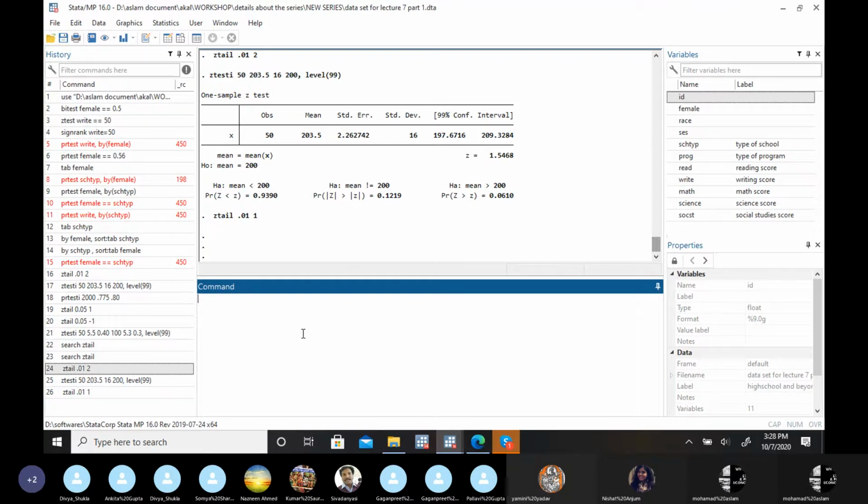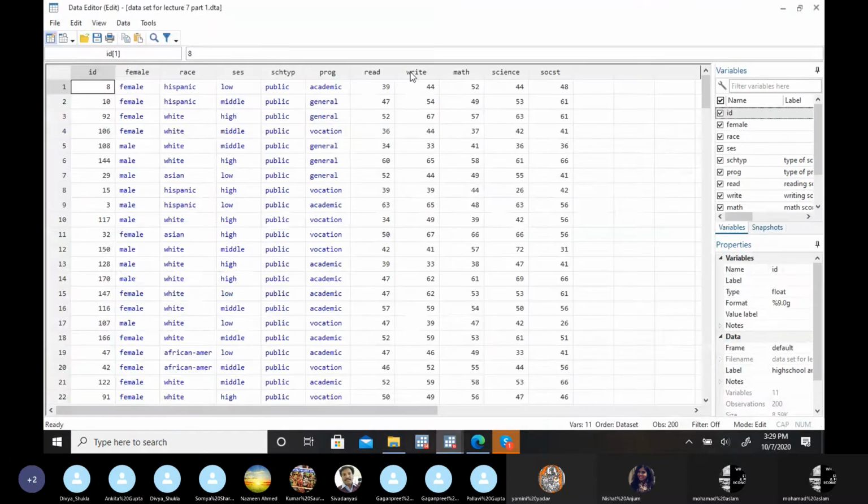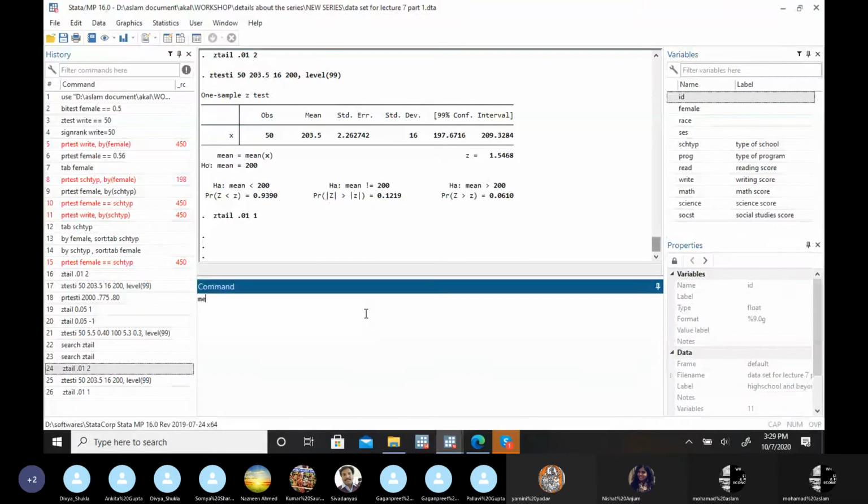Let's suppose I want to compare the mean of this writing score with the population. First I have to calculate the mean of our sample. I'm taking this hypothetical case.